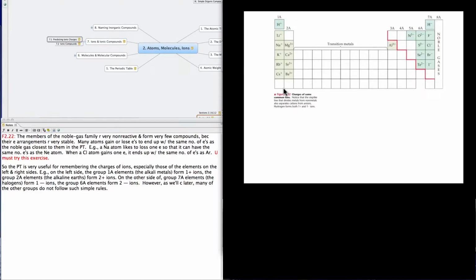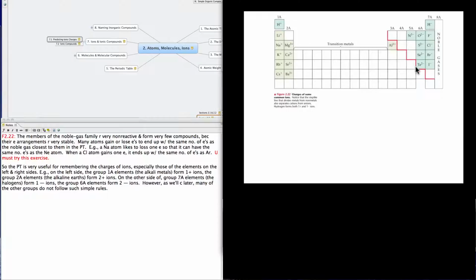So the periodic table is very useful for remembering the charge of ions, especially those of the elements on the left and right side. For example, on the left side, the group 1A elements, the alkali metals, all form 1+ ions. The group 2A elements, the alkaline earth metals, all form ions with +2 charge.